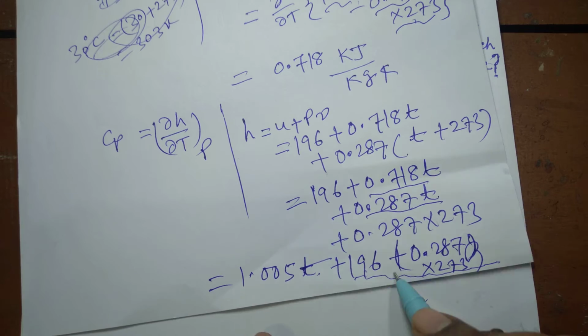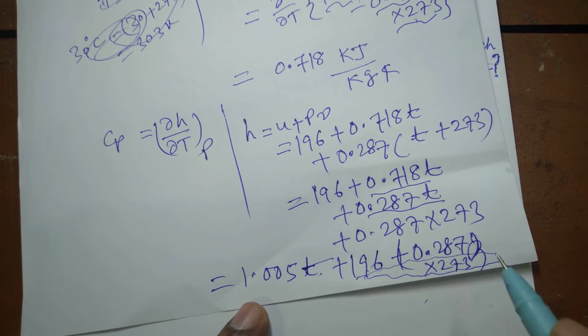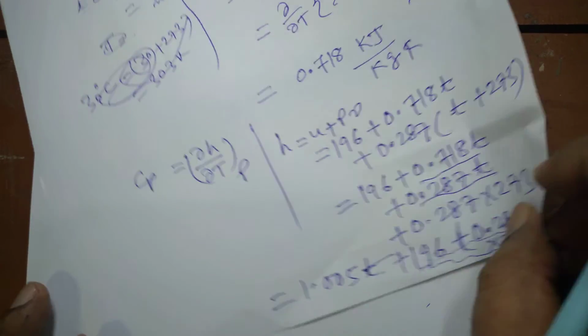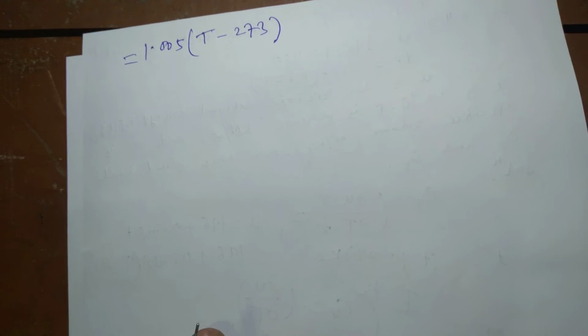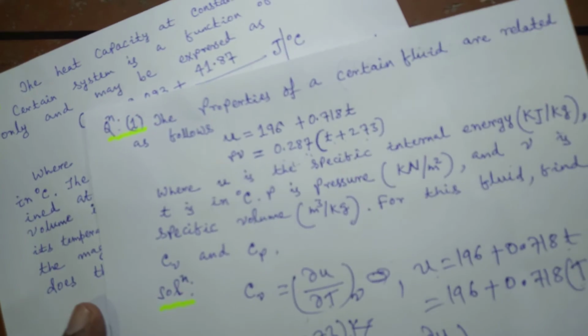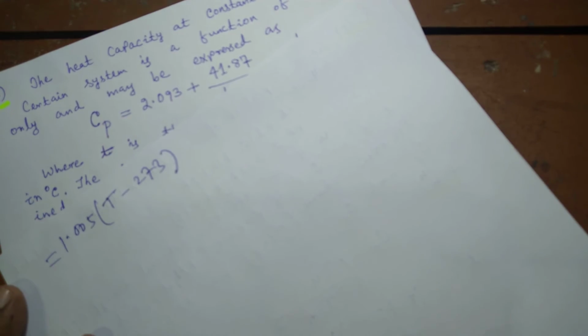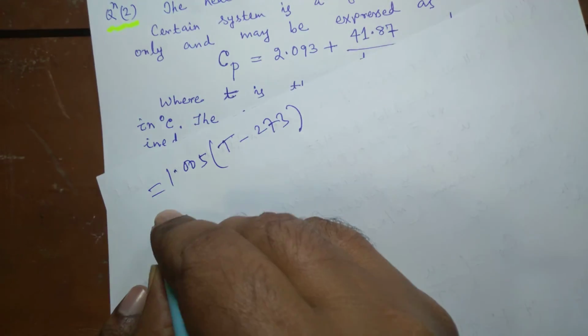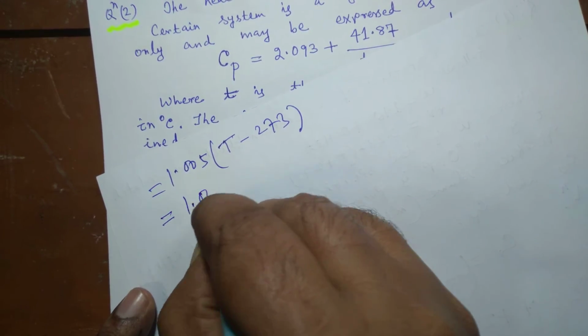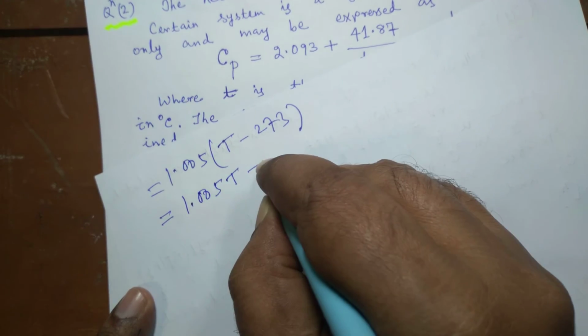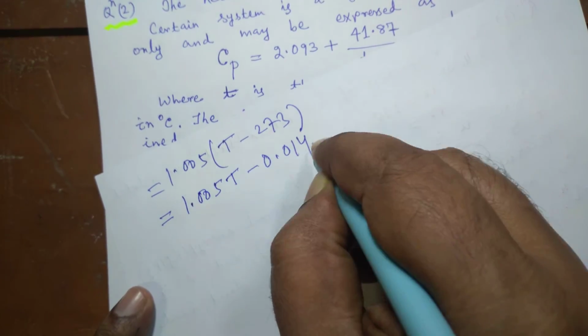So on differentiating, these terms will result in 0, because any constant when differentiated with respect to any variable yields the result 0. So 1.005 t minus 273 and plus whatever terms are there will yield the result 1.005 t minus 0.014.